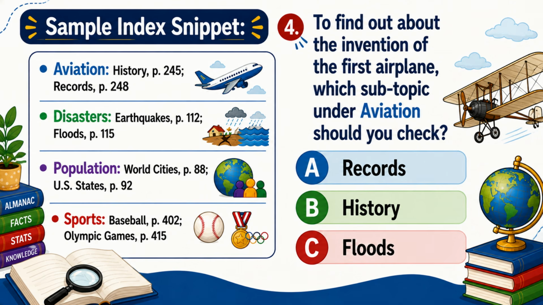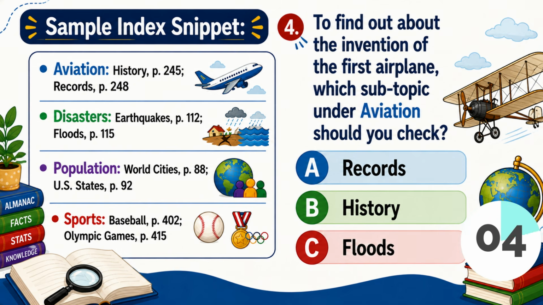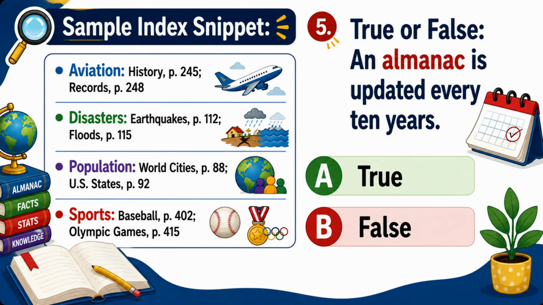Number 4. To find out about the invention of the first airplane, which subtopic under aviation should you check? A. Records. B. History. C. Floods. Number 5. True or false? An almanac is updated every 10 years.